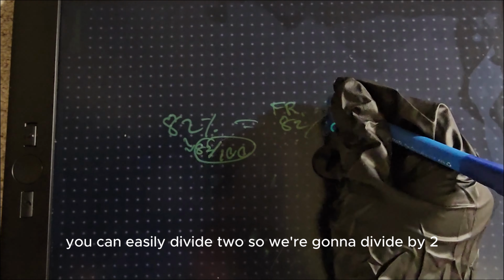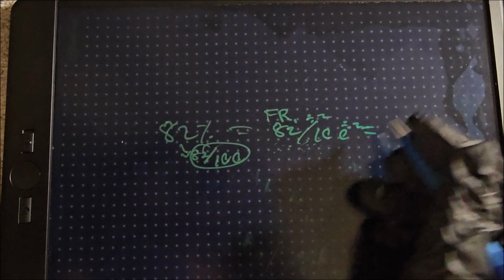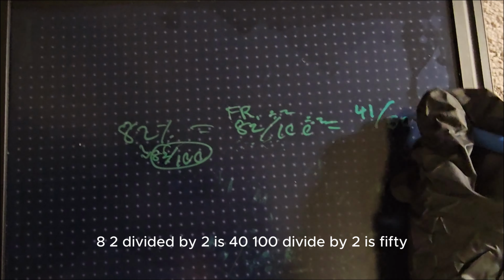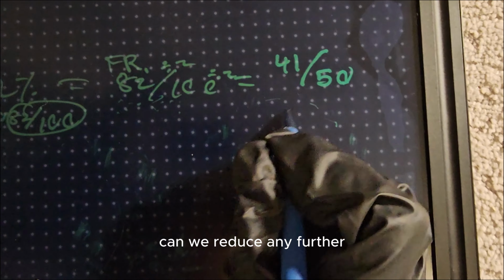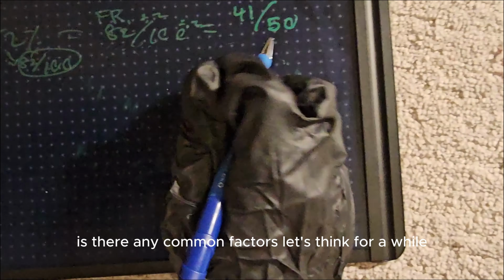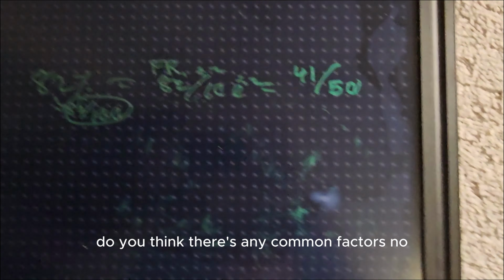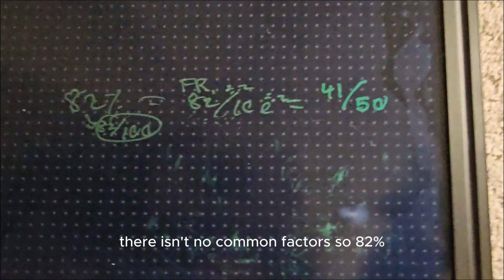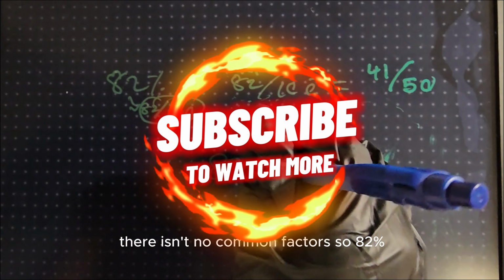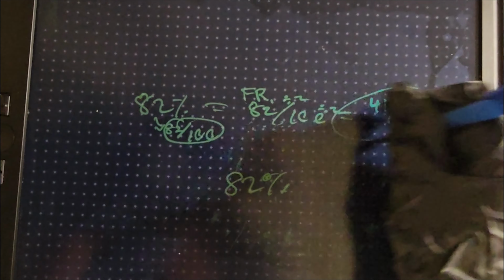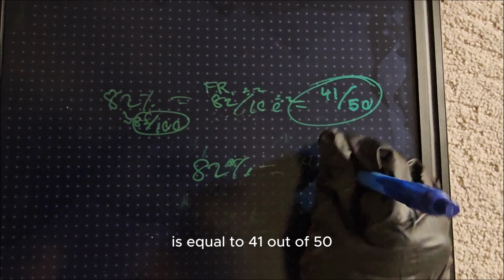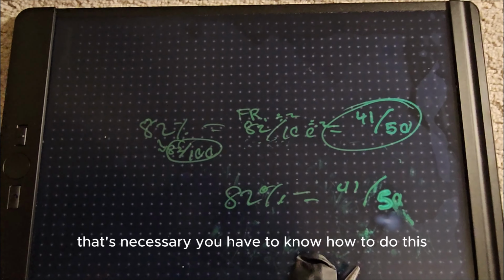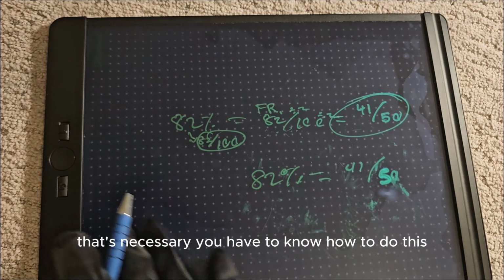So we're going to divide by 2 and divide by 2. 82 divided by 2 is 41. 100 divided by 2 is 50. Can we reduce any further? Are there any common factors? Let's think for a while. No, there isn't. No common factors. So 82% is equal to 41 out of 50. That's necessary. You have to know how to do this.